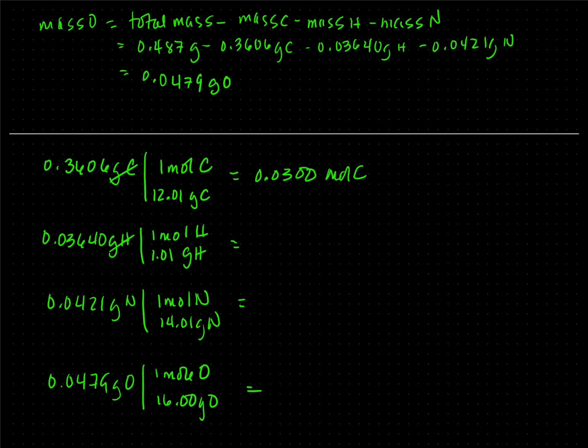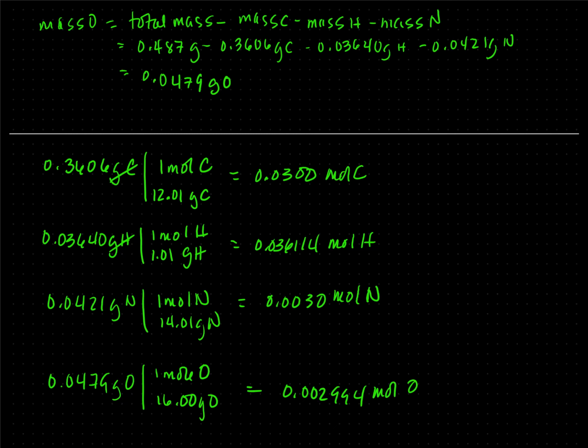For hydrogen we get 0.036114 moles of hydrogen. For nitrogen, we get 0.0030 moles of nitrogen. And for oxygen, we get 0.002994 moles of oxygen. Next thing, we're going to divide by the smallest.